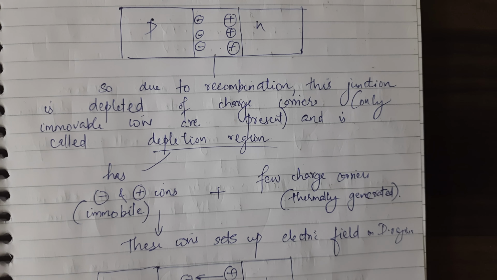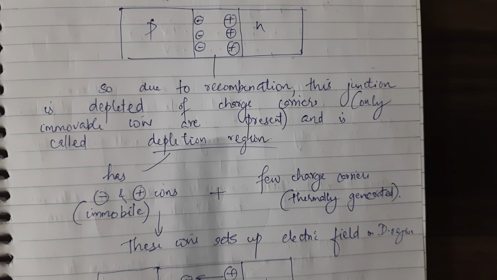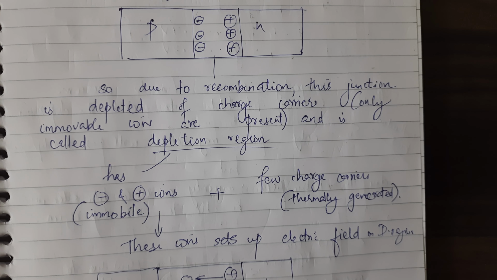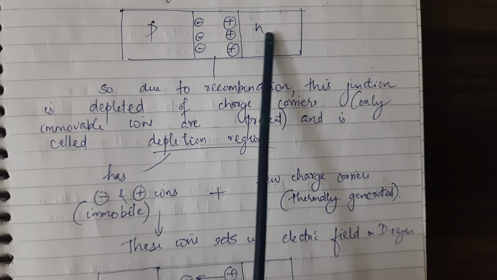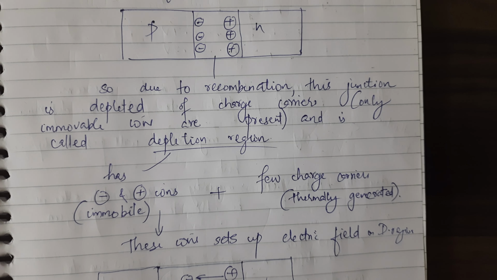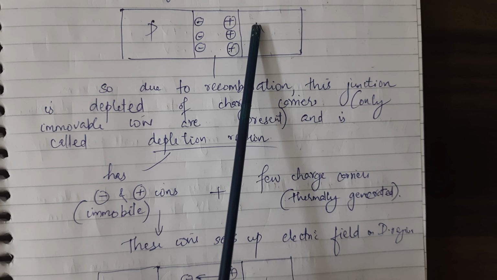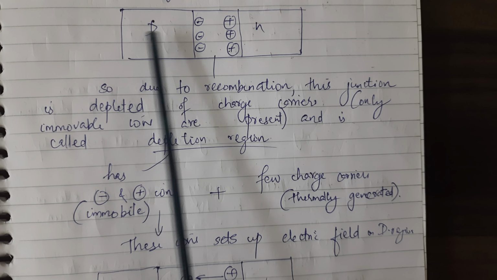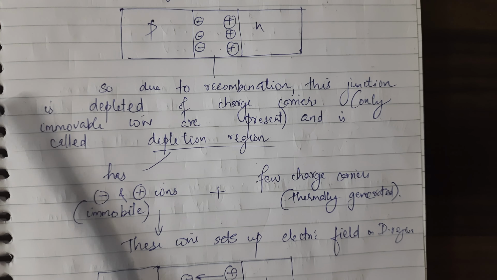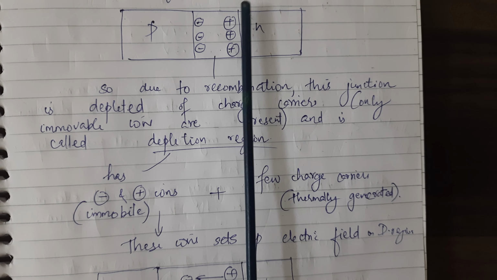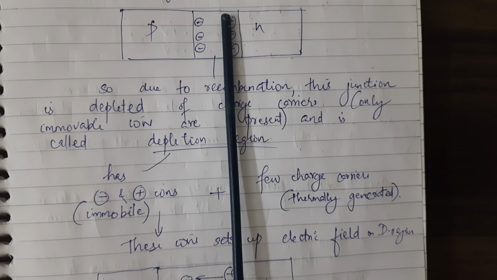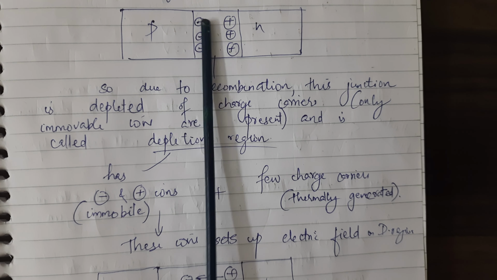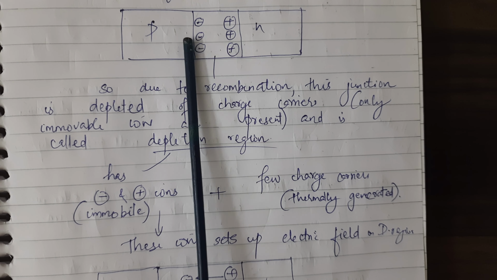So every time an electron diffuses from the n side to the p side, it creates one positive and one negative ion near the junction. One electron going from here to the p side will create a positive ion here and a negative ion over here, as we have already discussed. Suppose a lot of electrons are going; near the junction it will create some positive ions, and near this junction it will create some negative ions.